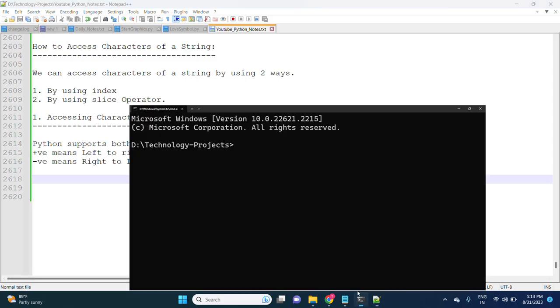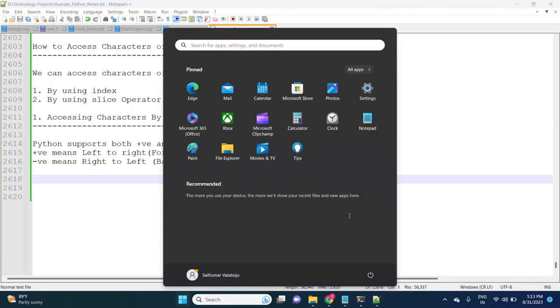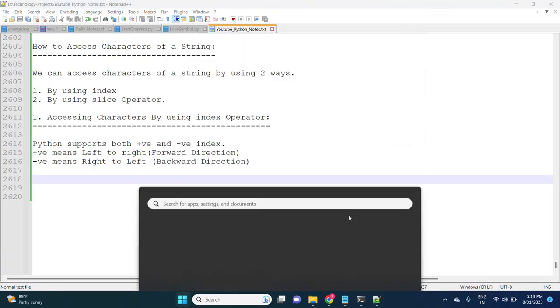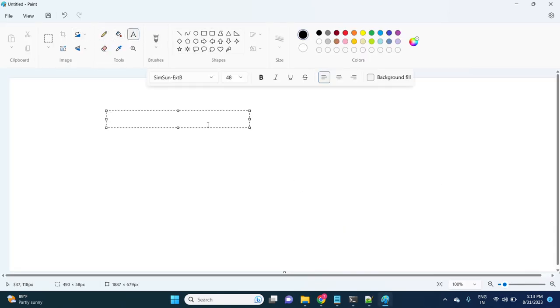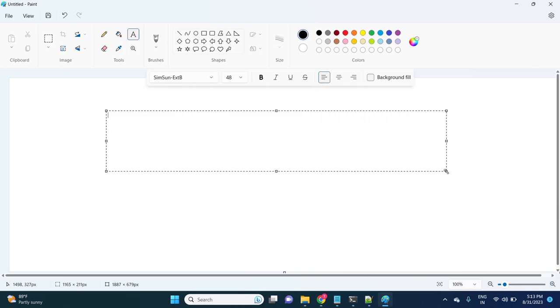Now the first point is accessing characters. First, let me go to the paint so you will get much clarity. I'm taking the string Sai Kumar.